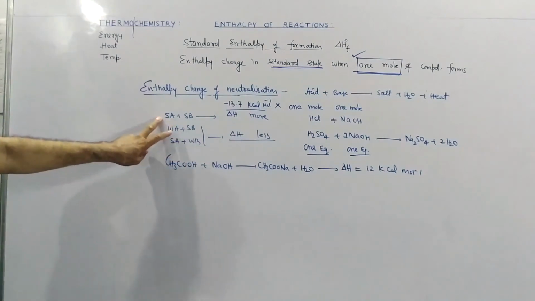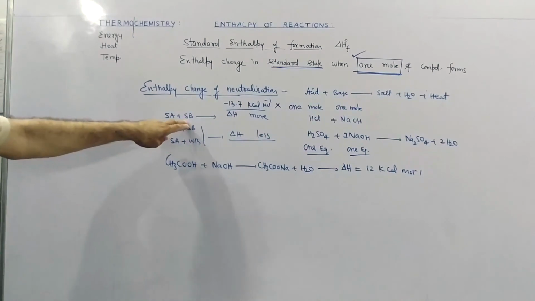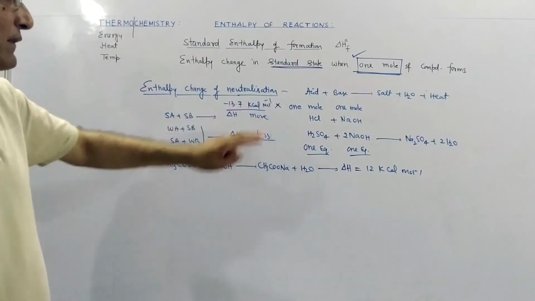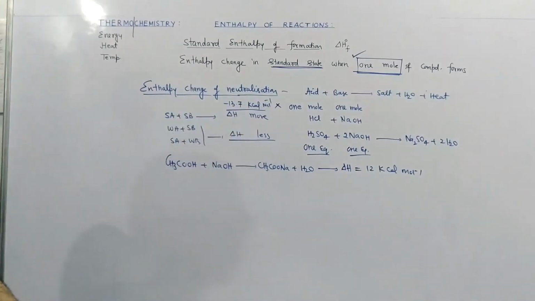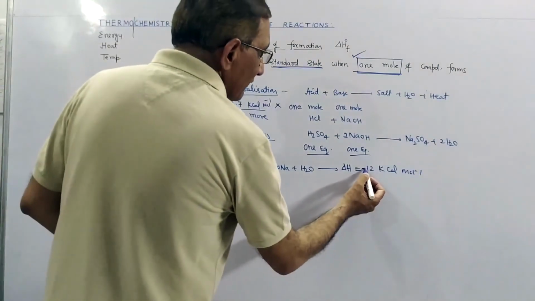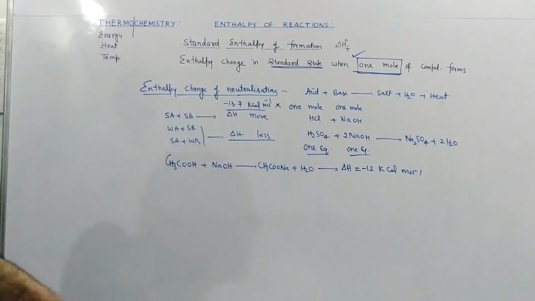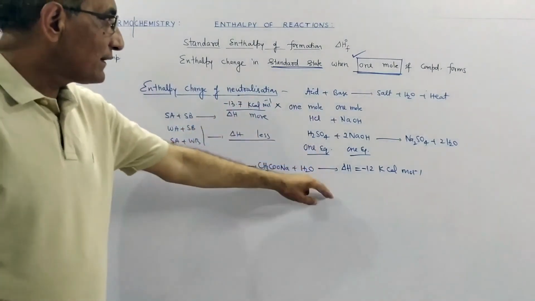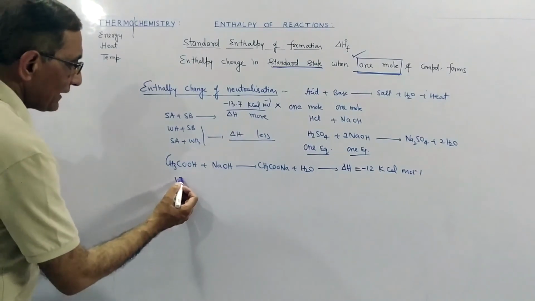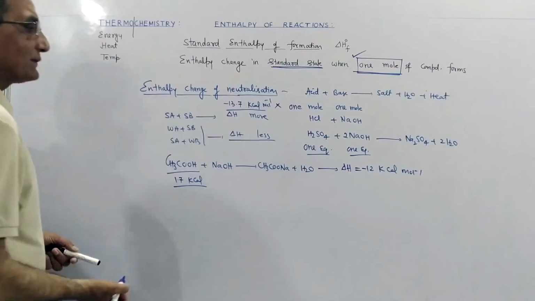Now if you know this concept that for strong acid and strong base, heat released is minus 13.7 kilocalorie per mole, and here we are getting minus 12 kilocalorie per mole, then what is the difference here, students? It is 1.7 kilocalorie. So 1.7 kilocalorie heat is utilized to ionize this.